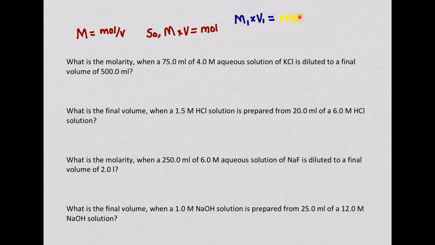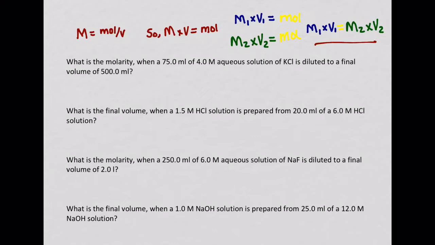If you do a dilution problem, those moles are not going to change. And so we can take the new molarity and the new volume, and we have to have the same number of moles. If we equate these, we get a relationship that looks like this.